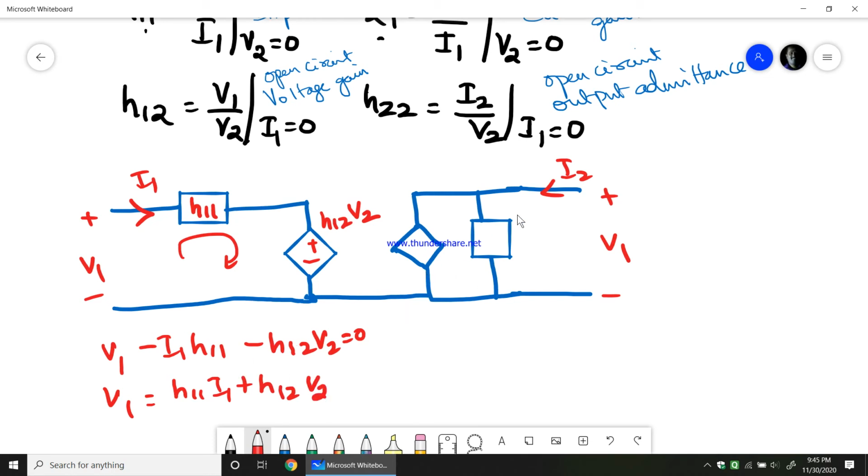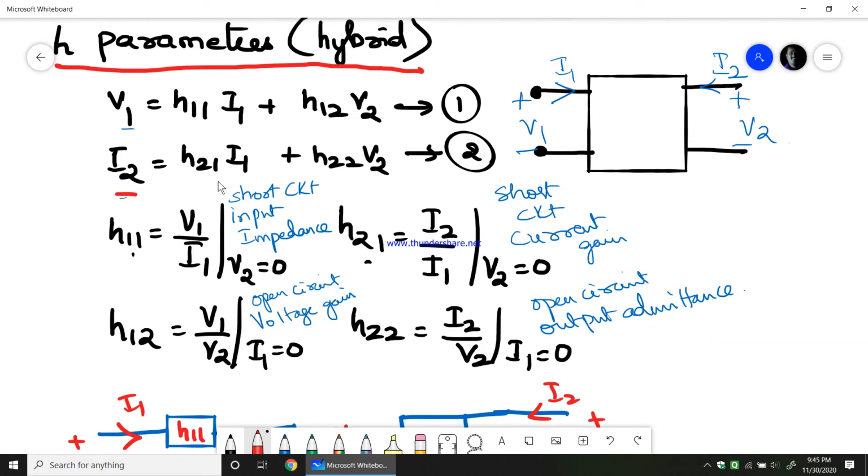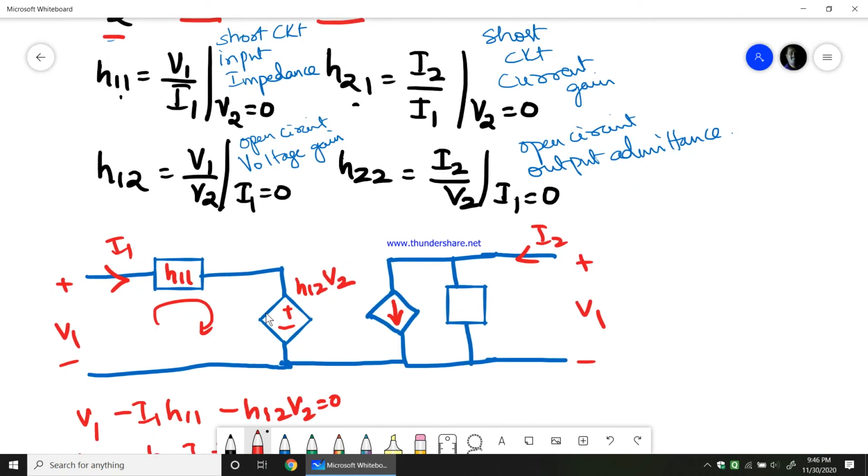Now, if you go back and see, the next equation is I2 equals H21 I1 plus H22 V2. So this will become H21 I1, and this is V2, sorry, and this will be H22.